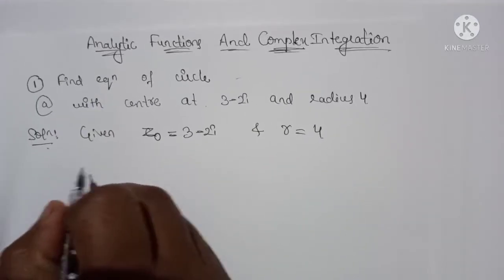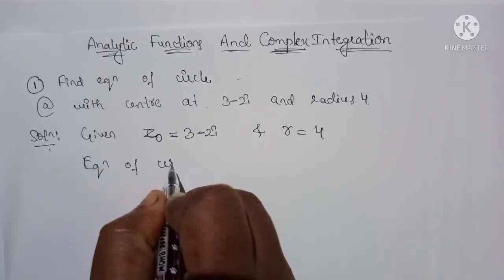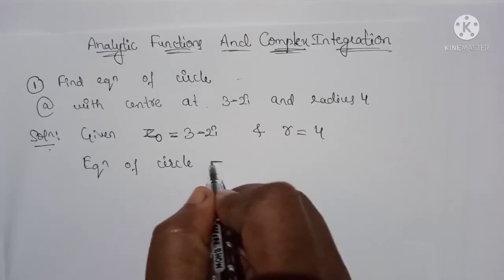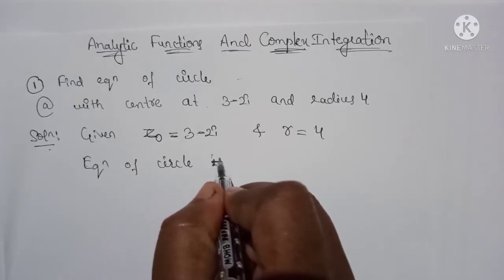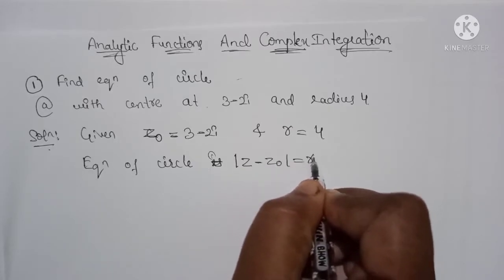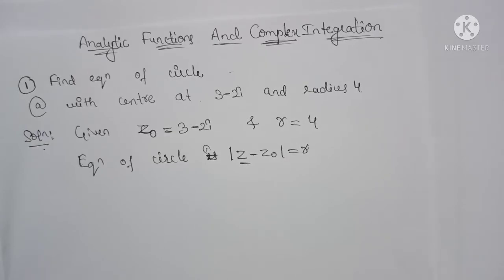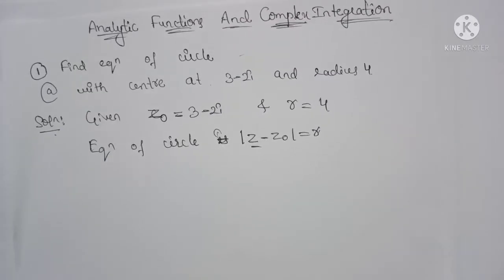Now we know that equation of circle is mod of z minus z naught equals r. Here z is a complex quantity, z naught is the center of the circle and r is the radius of the circle.